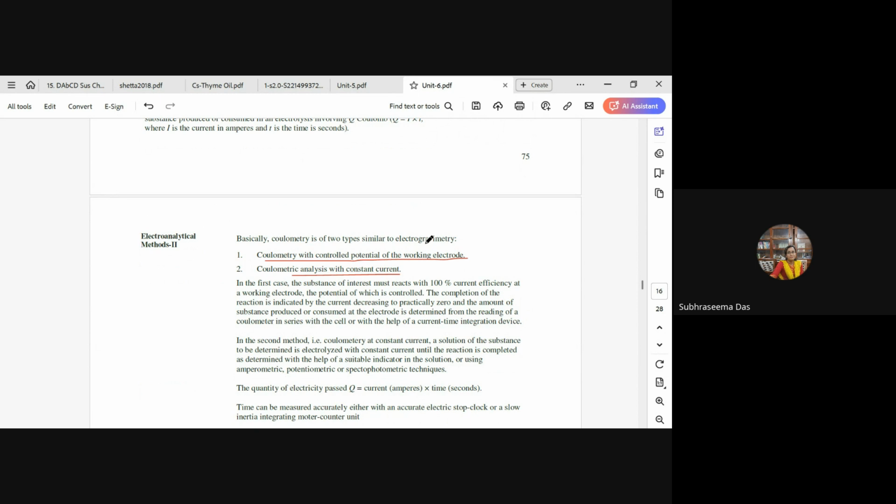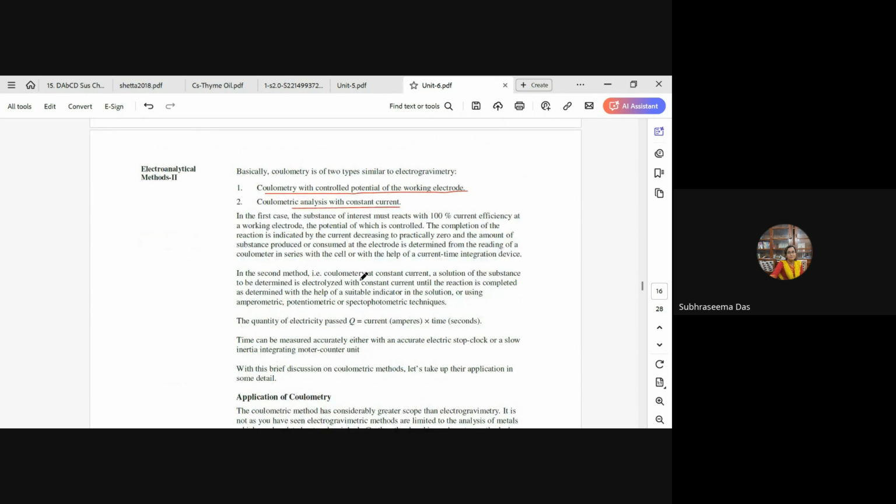In coulometry at constant potential, the efficiency is almost 100%. The completion of the reaction is indicated by the current that decreases to almost zero, and the amount of substance that is produced is determined from the reading of the coulometer.